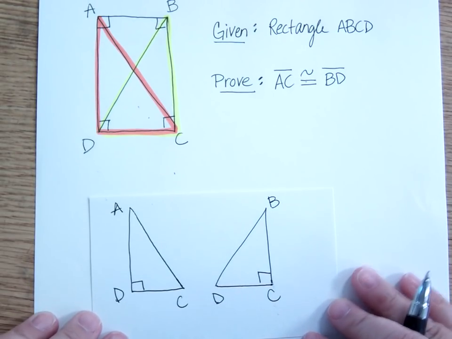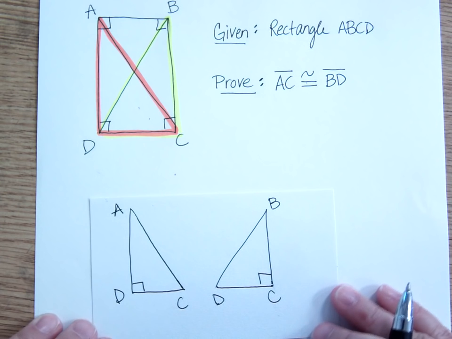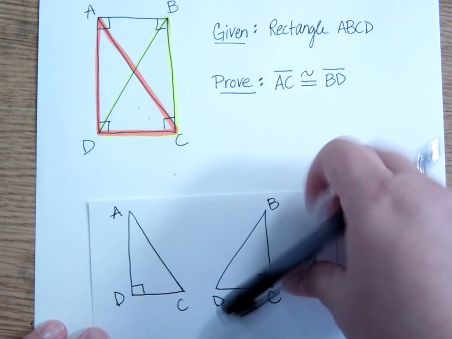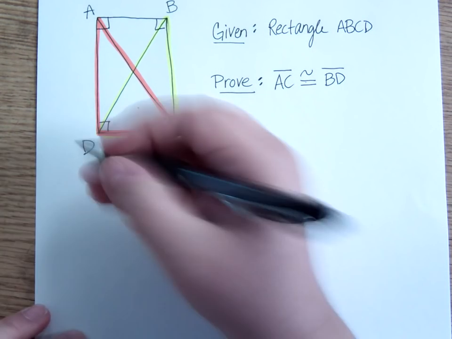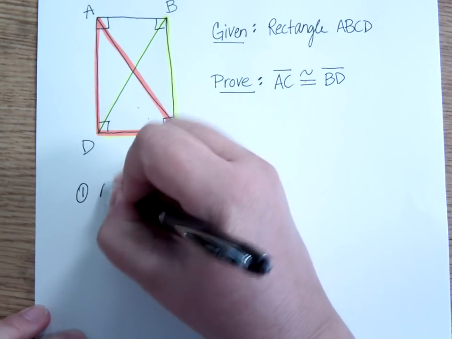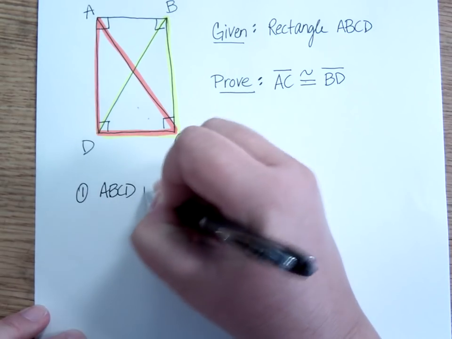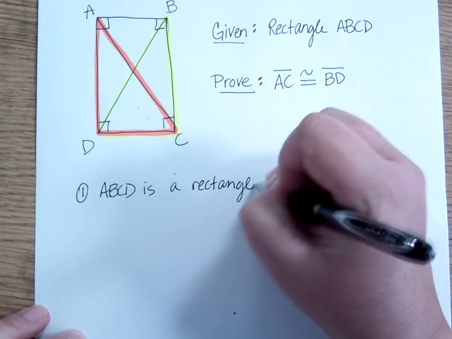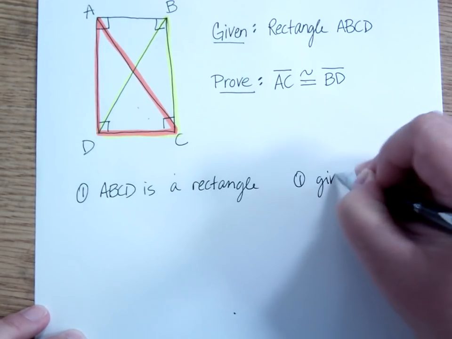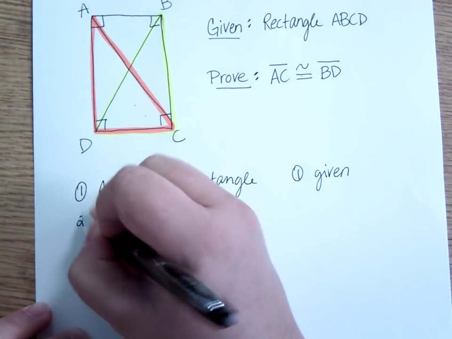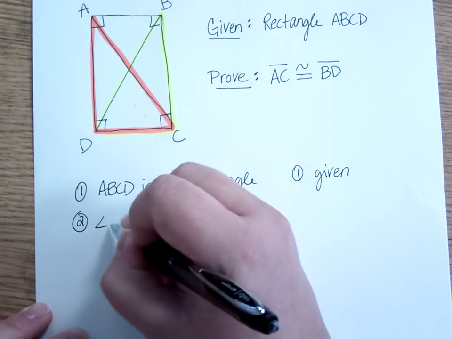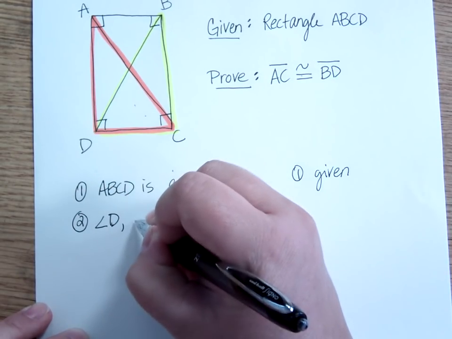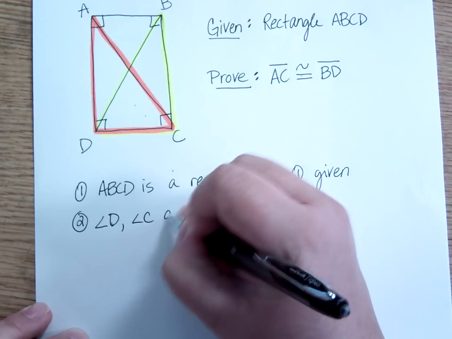one thing I know is, well, I know I've got a pair of right angles. So let's go ahead and say ABCD is a rectangle. That was given. And I'm going to say that angles D and C are right angles.